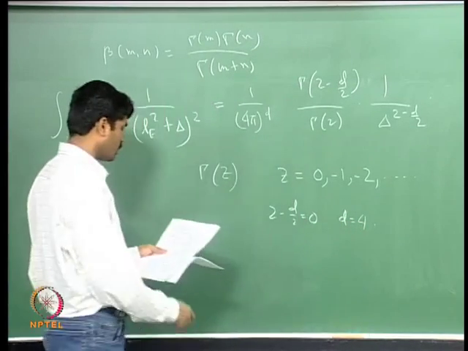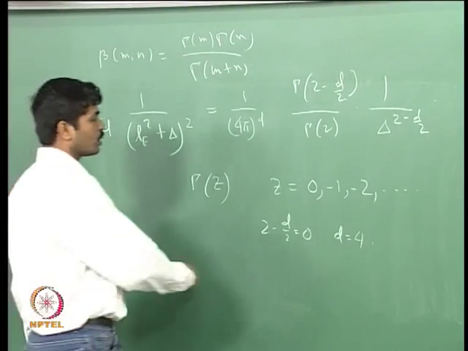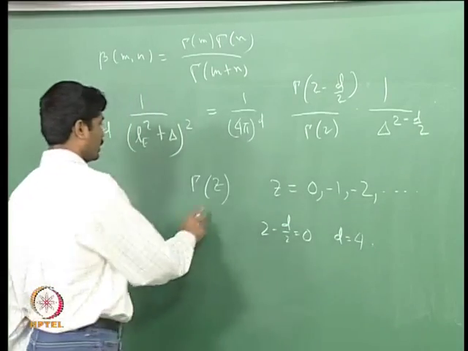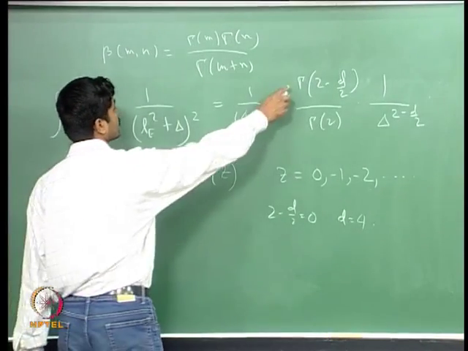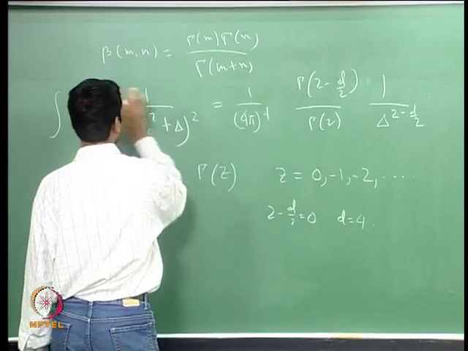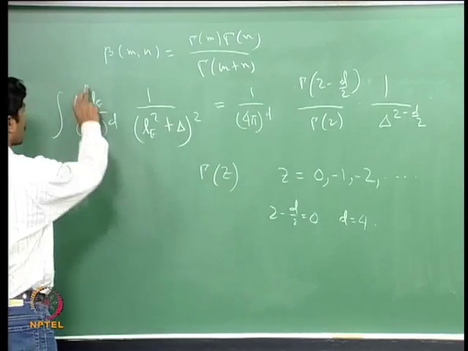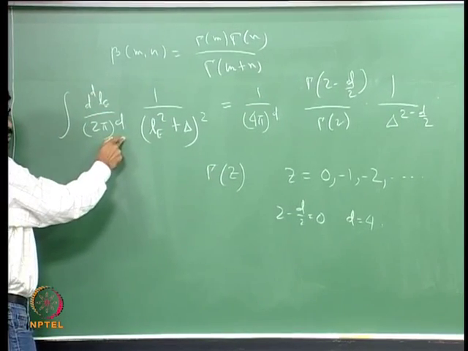So, when d equal to 4, 6, 8 and so on, you will have singularities. The integration diverges, especially it diverges when d becomes 4.